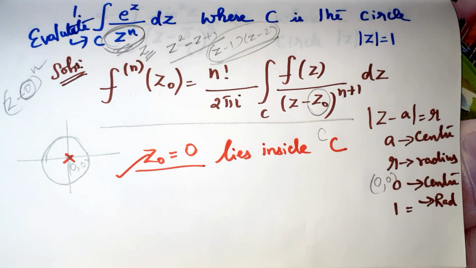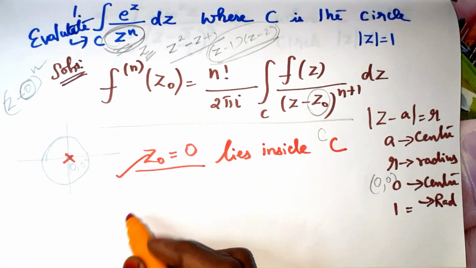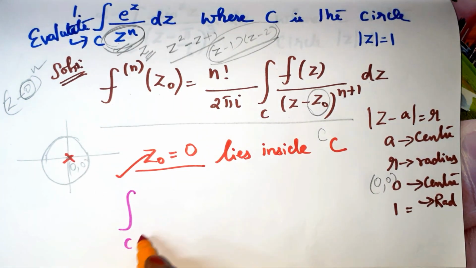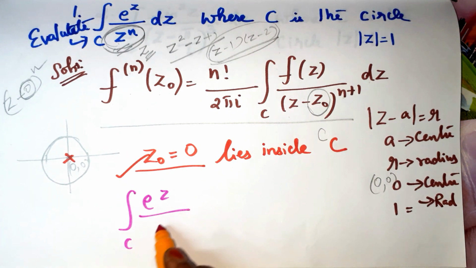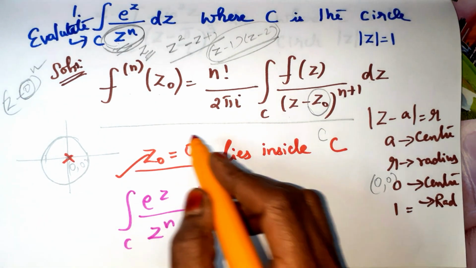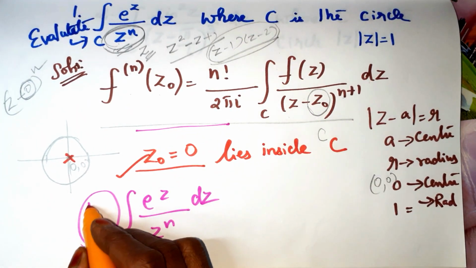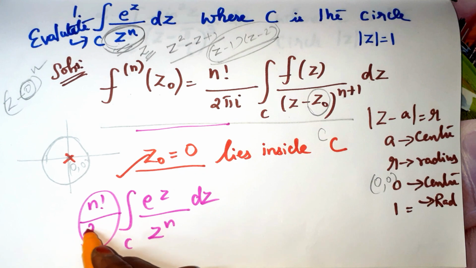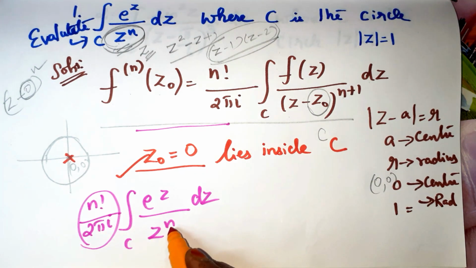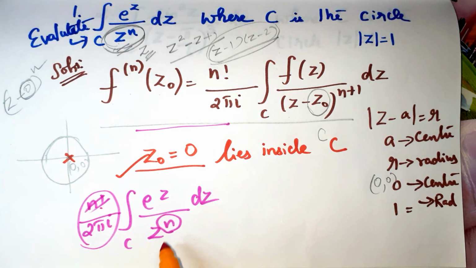So here in the problem I can write this, integral over C e power z by z power n dz, right? As per the formula given here, if we have a term n factorial by 2 pi i, not n factorial, here it is z power n, it should be 1 lesser than that.